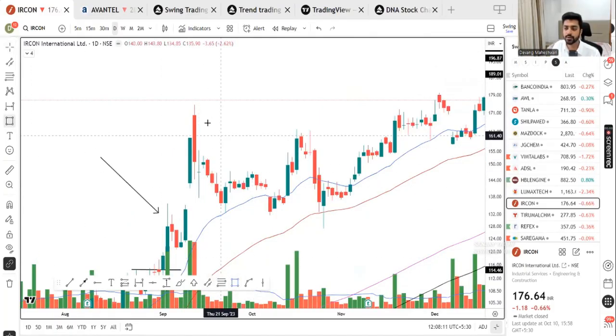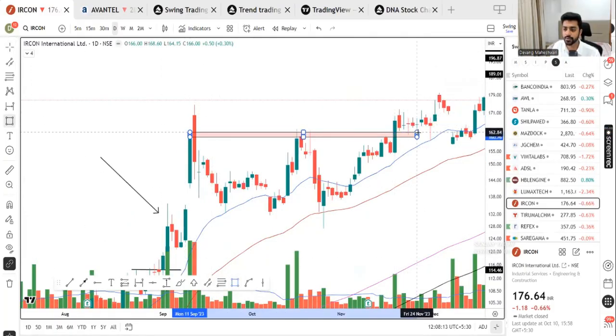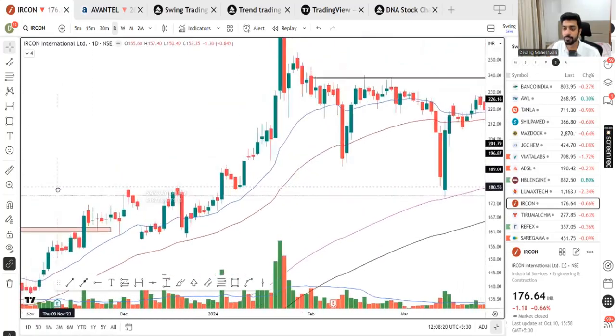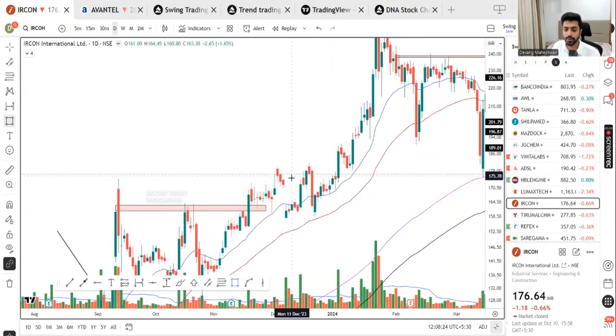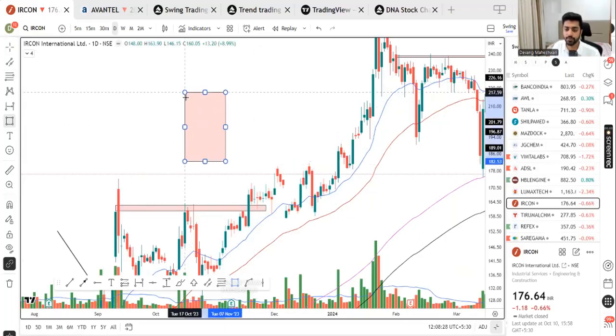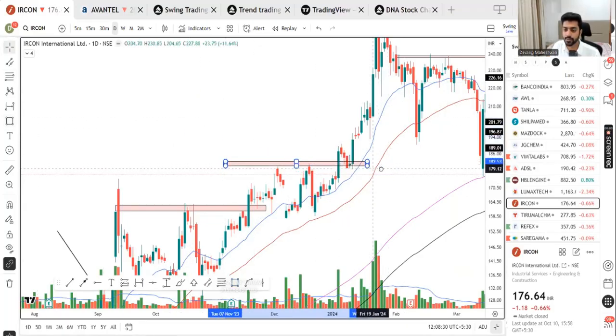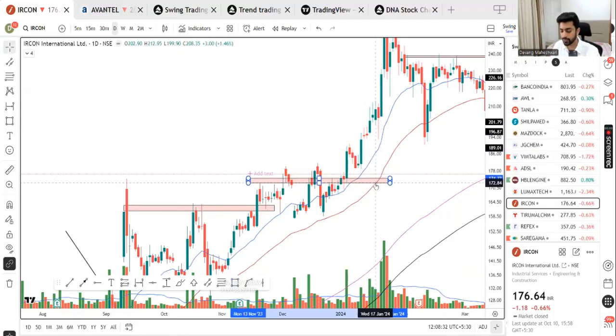This is again here, and you can make this an upright base again. Majority of the action is happening on the upper side. It broke out, but it did not sustain much. Here it tried to break out. You can make it like this, or you can draw an upslope also.